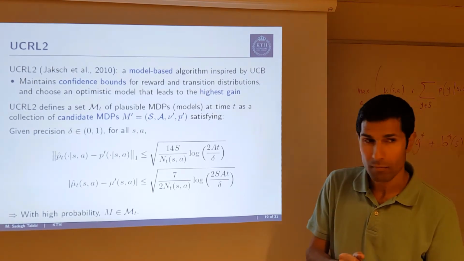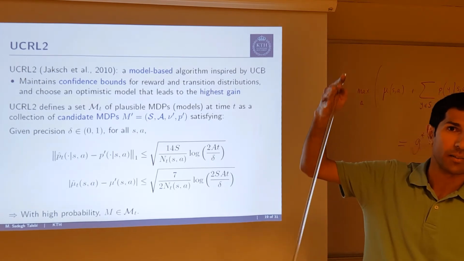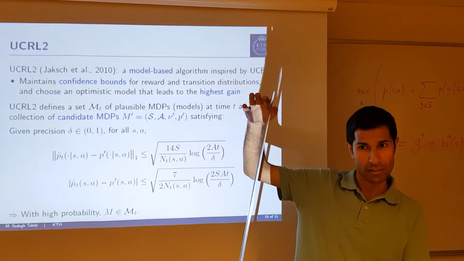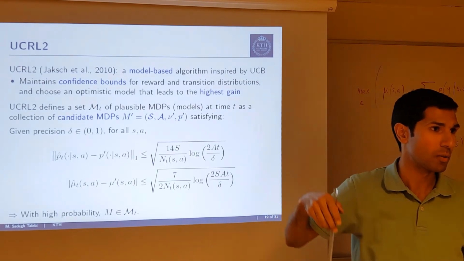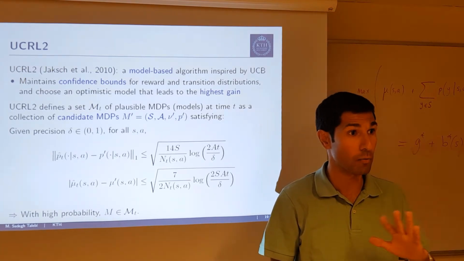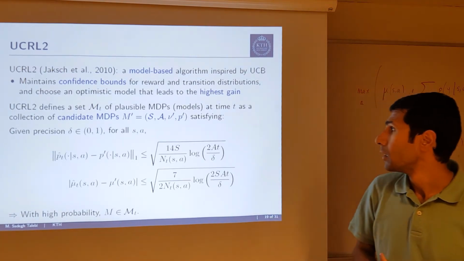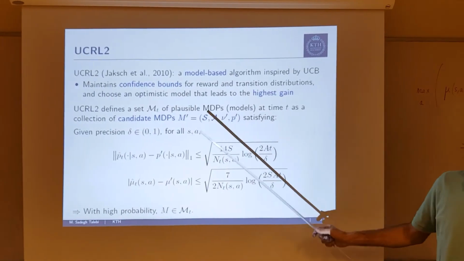You mean the diameter is probably too conservative? Too conservative, yes, because it just captures the span of the bias function, which is its range. Sometimes you pay less penalty depending on the shape of the bias function or value function. So if you change these candidate MDPs, you may get another algorithm.